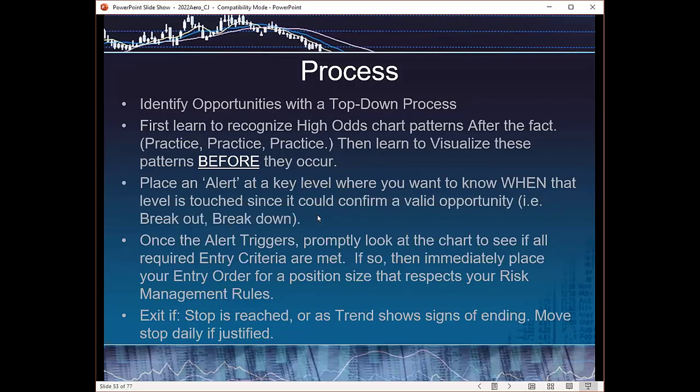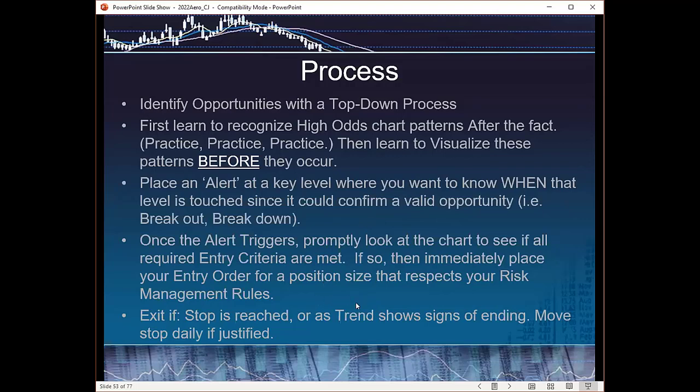Implementing the alert made a huge difference with missing fewer valid opportunities. If I wasn't looking at the right place at the right time, I'd miss it. And then I don't want to go chasing it because the risk reward starts getting ugly. But using the alerts has made a marked improvement in the overall performance.